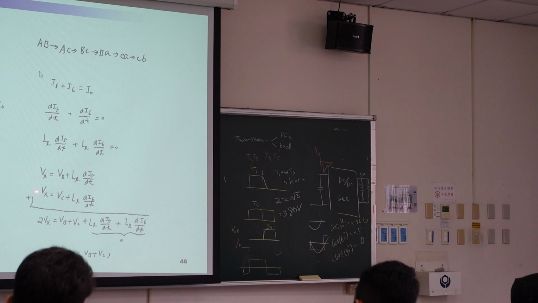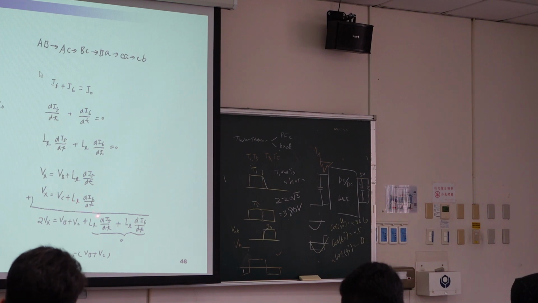So we can say we have Vx here. Vx is Vb plus this voltage drop, Vb plus LL dI5/dt. And Vx also here, so Vc plus LL dI6/dt.